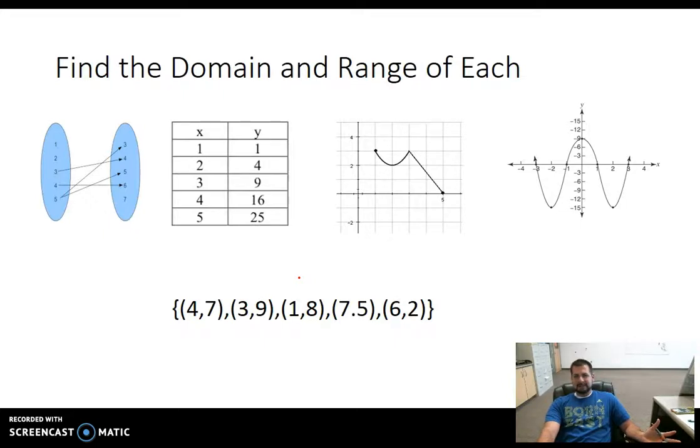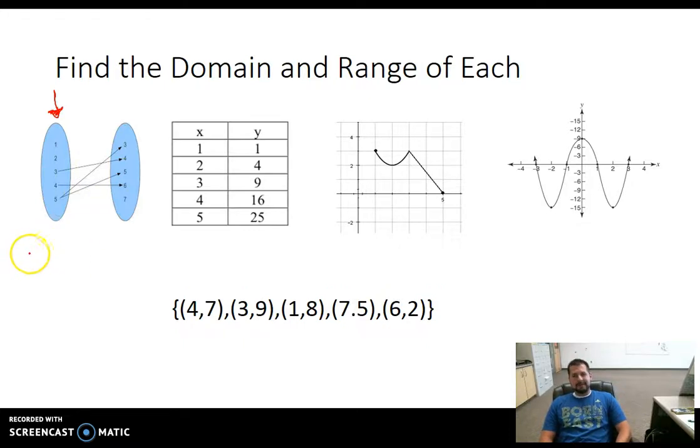Okay, here's my domain, and these are examples that are not equations. Examples that are equations versus not equations are a little bit different. So the first thing I want to talk about is if we have a limited amount of numbers, like, for example, this mapping that we have right here. You'll notice this first section is our input, because that has the arrows pointing to all the different numbers.